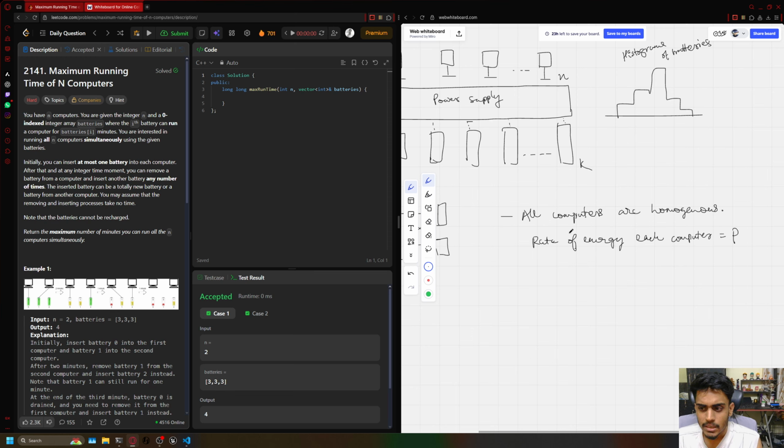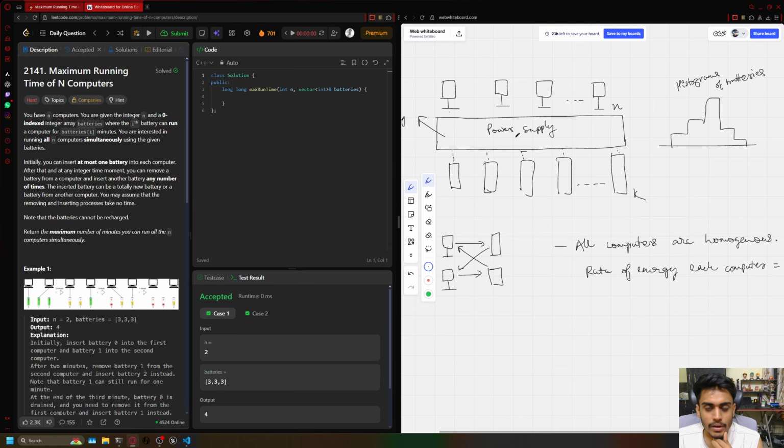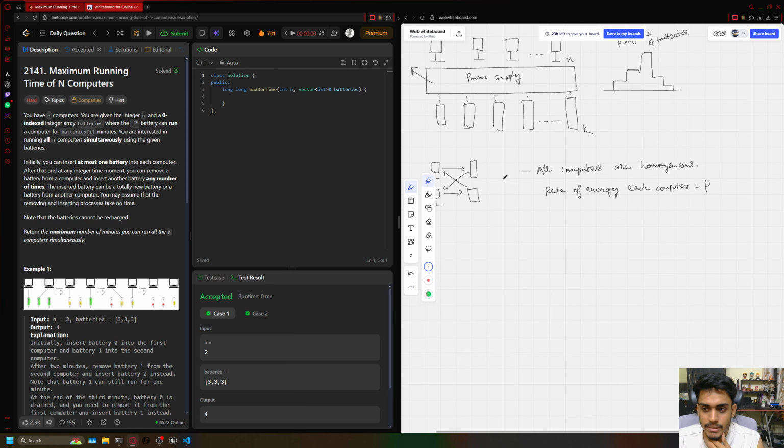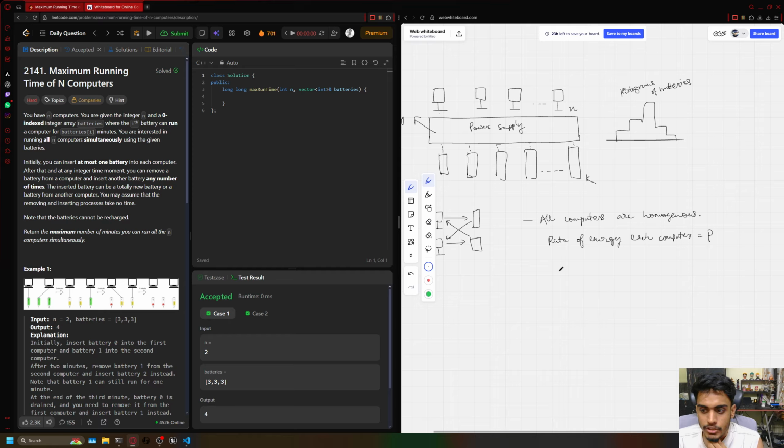Now if I say that I want to run my system for some t time, that means each computer will be consuming a total energy of P times t, where t is the required number of minutes I need to run all my systems.